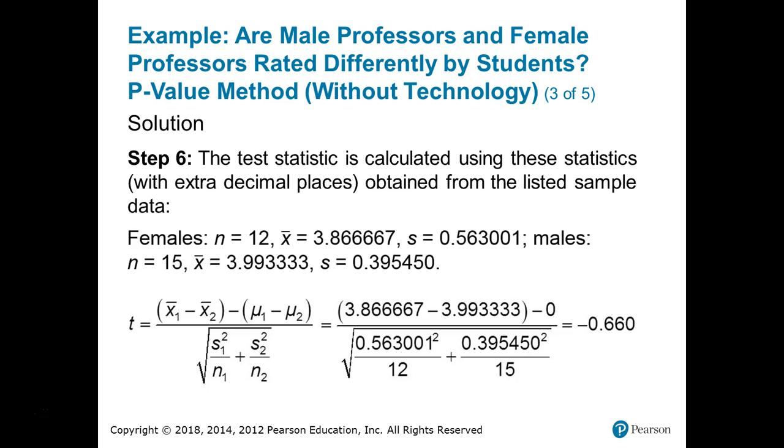You get your female values of n equals 12, your sample mean is 3.866 repeating, and your sample standard deviation of 0.563001, and then here are your values for the sample statistics for the male sample. Plugging your recently calculated values into this equation gives you a test statistic of t equals negative 0.660.